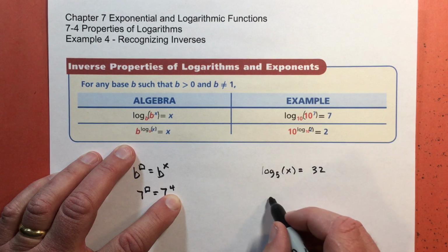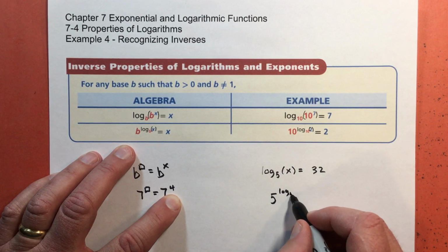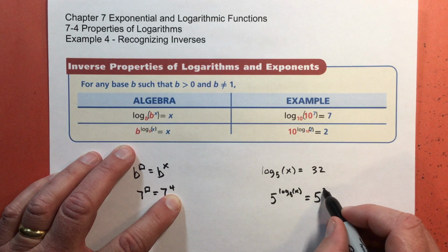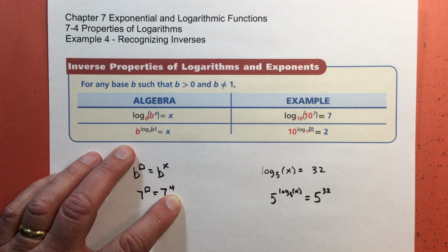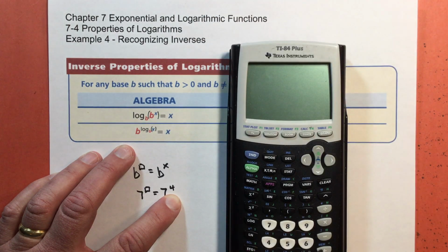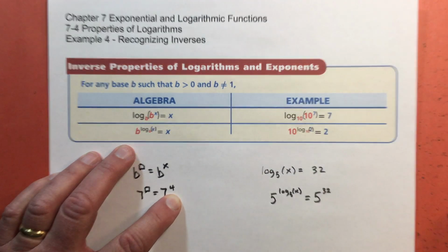I would write it now like this: 5 to this power, log base 5 of x, equals 5 to the 32nd power. Now on the right side, I'm going to get a huge number. I guess 32 would have been too big, okay? Here, I'll even show you. 5 to the 32nd power has like 23 places, okay? So that would have been too big.